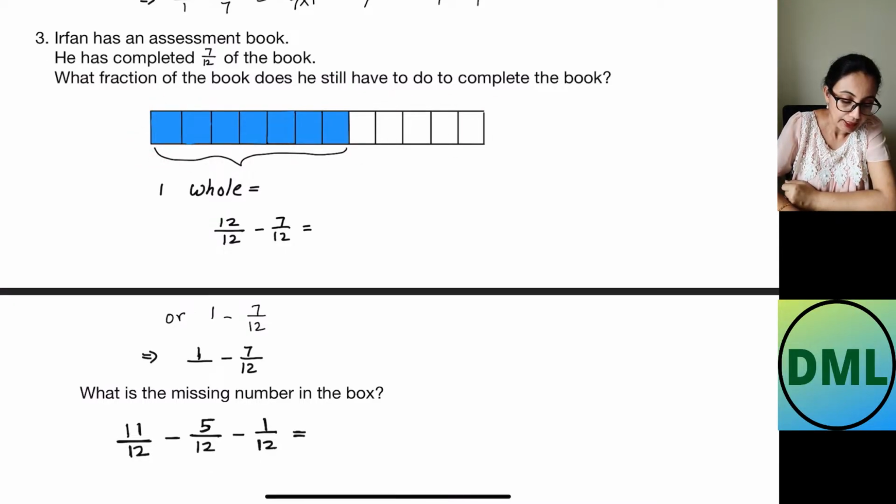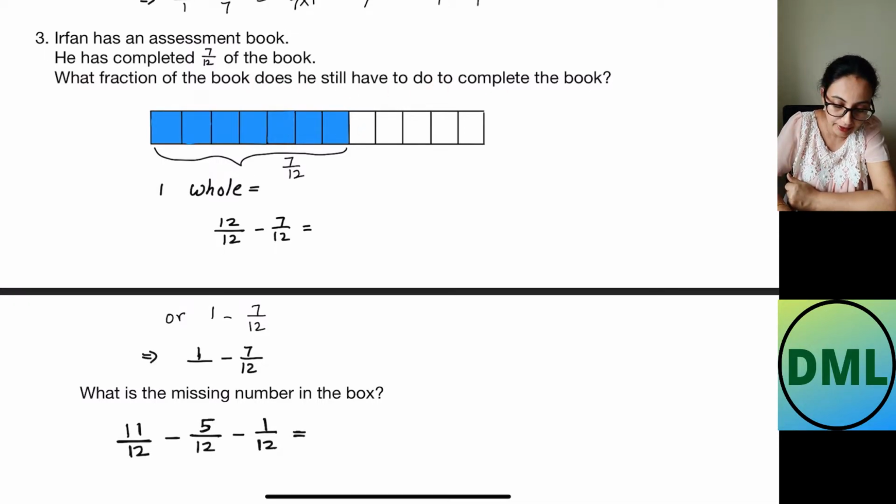Out of that, he completed how many parts? 7 parts he completed. So as we can see, 1, 2, 3, 4, 5, 6, 7 parts are shaded. So this part will be written as 7 by 12. He already completed 7 by 12. Now the question is what fraction of the book does he still have to do to complete the book.